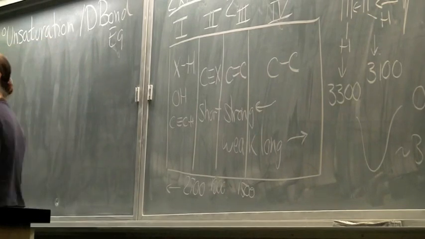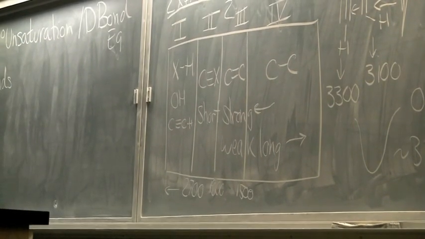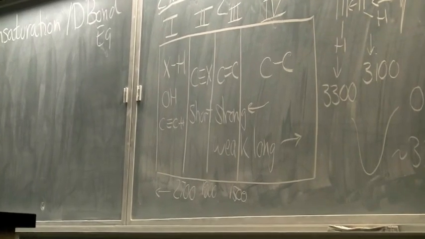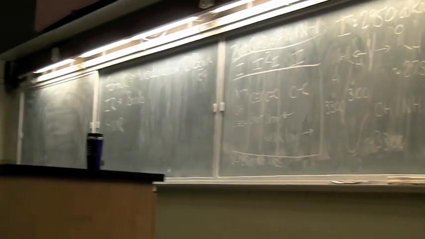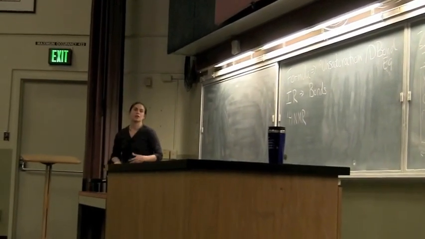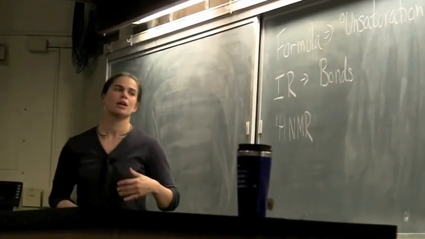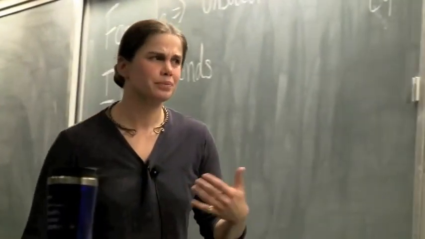And that's true in all of those zones. The shorter and the stronger the bond is, depending on what kind of functional group you have, the more it's going to go to the left. The weaker and longer that group is, depending on its functional group, the more it's going to move over. So you see these patterns for all sorts of things, and they come up in other functional groups as well.